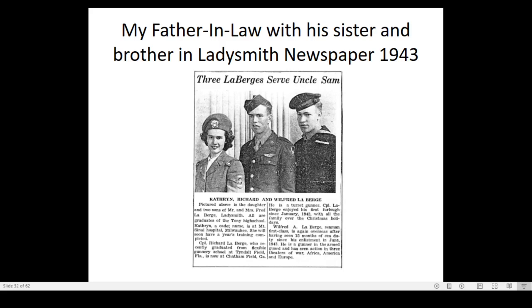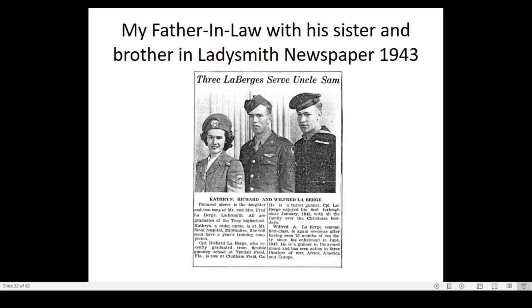And one of the pictures that I found in their articles was this one. This is my father-in-law right here, Richard LaBarge, and that's his sister, Kate, and that's his brother, Donnie, or Wilfred, they called him. And the three of them were home at Christmas time in 1943 during the Second World War. And Kate was a nurse's cadet.